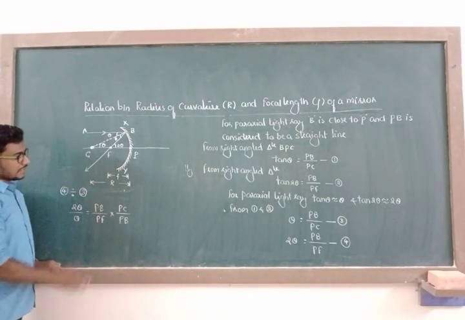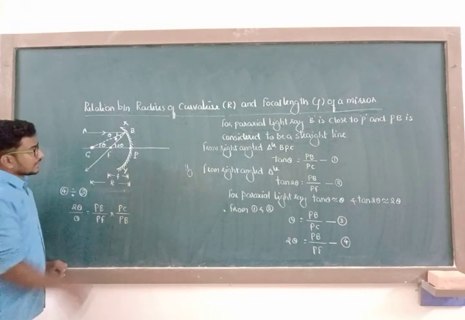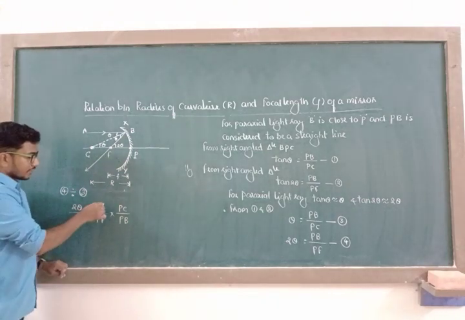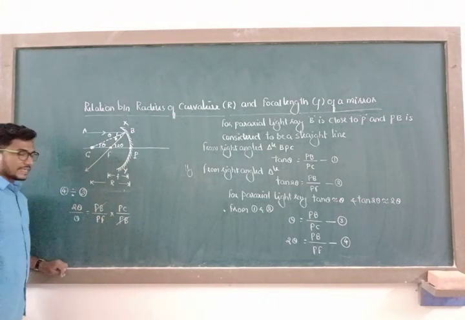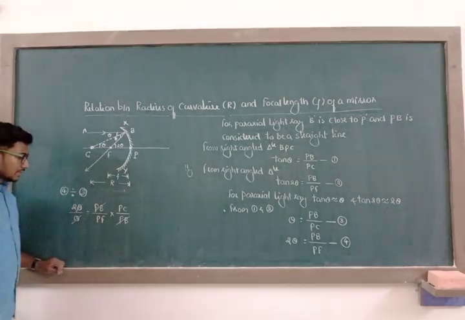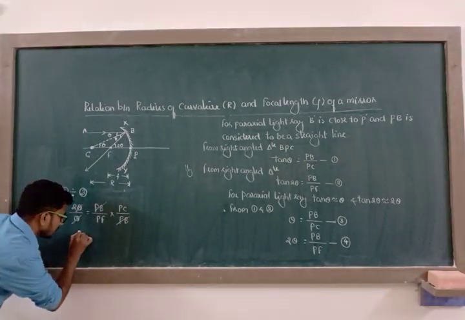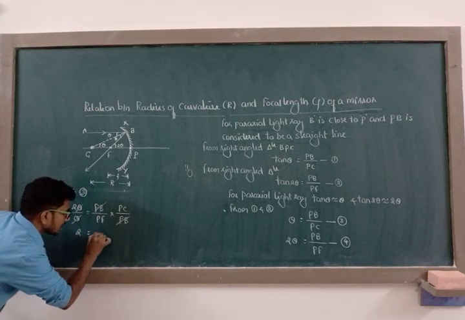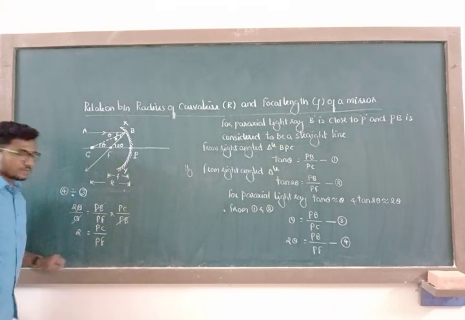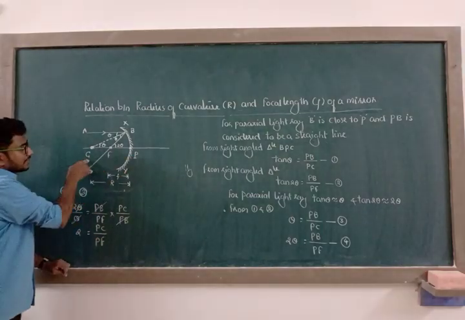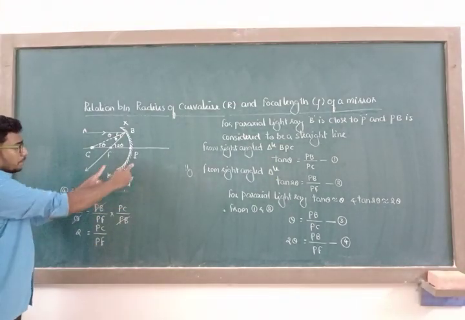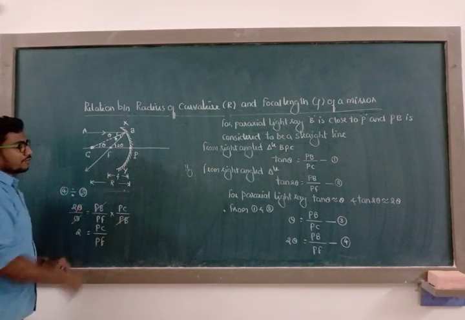We are not measuring anything along this direction, that is along PB. Therefore, here PB gets cancelled, theta gets cancelled. Then 2 is equal to PC divided by PF. PC is nothing but the radius of curvature, PF is nothing but the focal length.